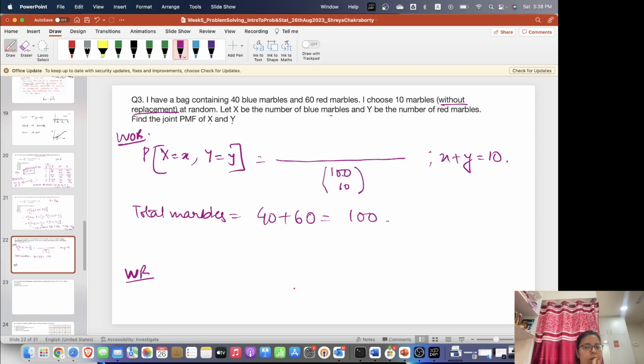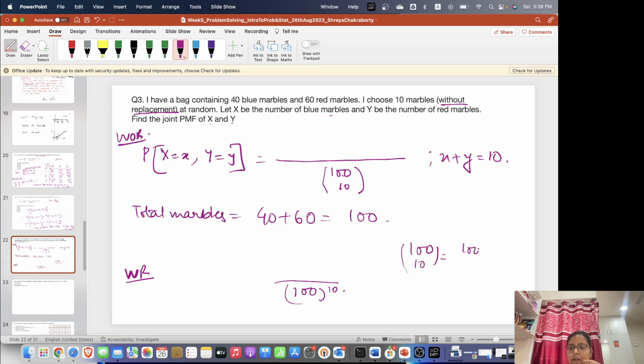100 to the power 10. Is there any thumb rule to decide whether to take permutation or combination? Combination, it means what? So 100C10, actually it means what?